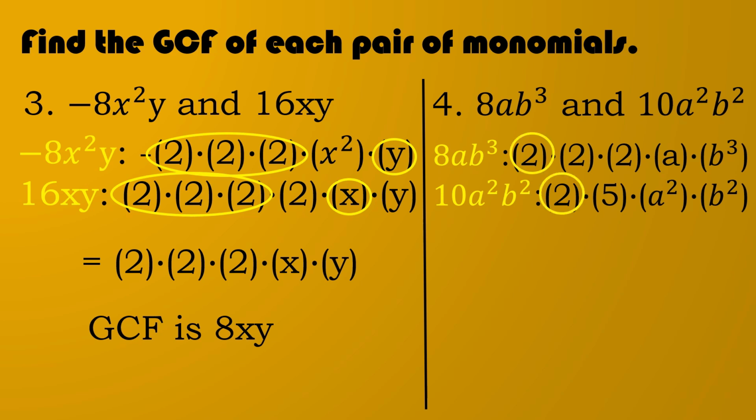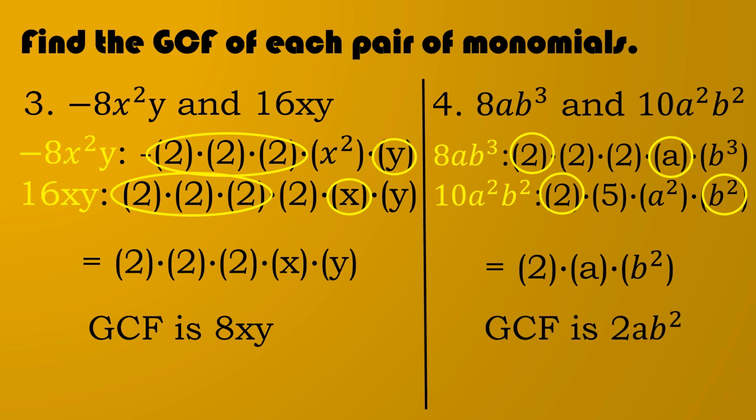Notice that 2 is our only common factor. A is common variable and its lowest degree is 1. And b is also a common variable and its lowest degree is 2. We will get this to form our GCF, which is 2 times a times b squared, or simply 2ab squared.